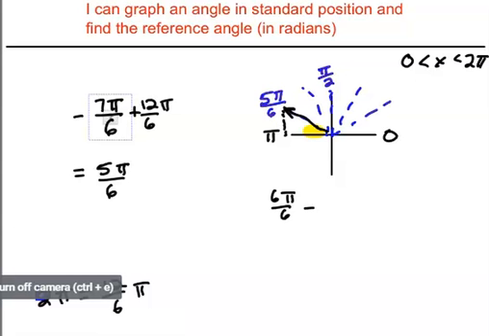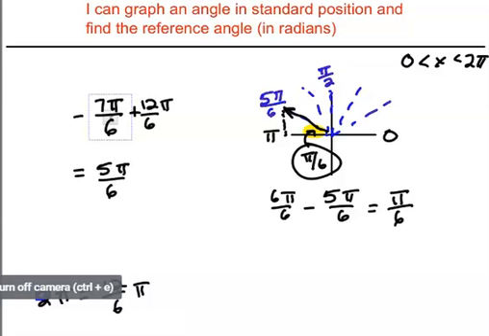How far is it from 5/6 to 6/6? It's 1/6. Hopefully I said that right: 6/6 minus 5/6. This reference angle right there is pi over 6.